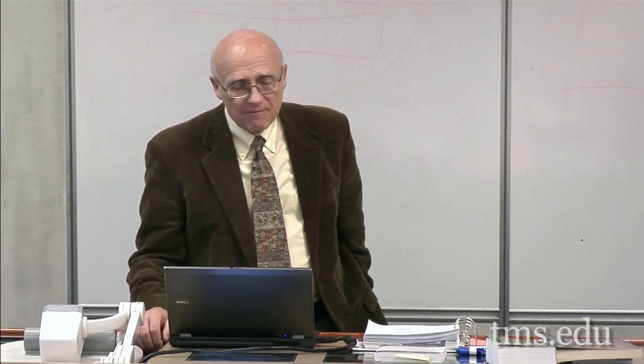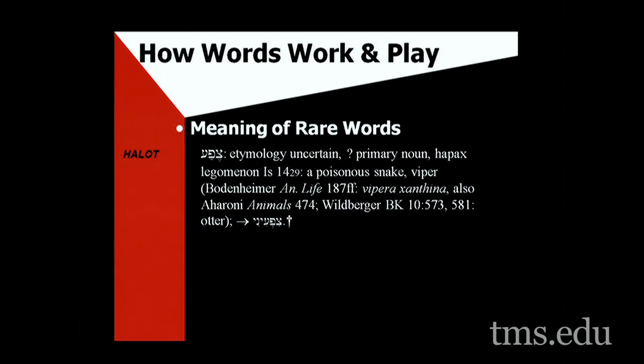Another one, tsephah. The etymology is uncertain. It is a primary noun. It's a hapax legomenon in Isaiah 14:29, perhaps meaning a poisonous snake, a viper. Some translate it as a colubrid. Others translate it as something else.